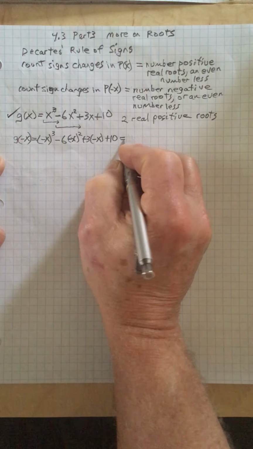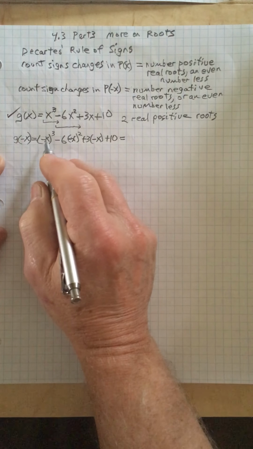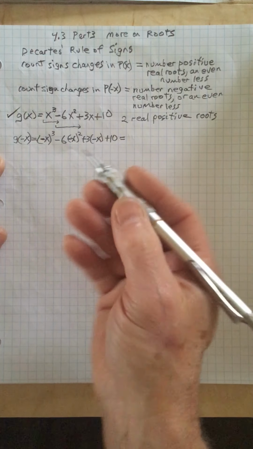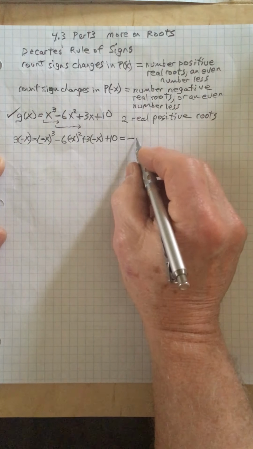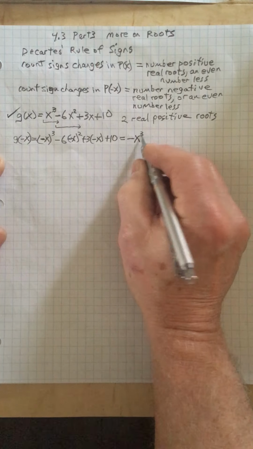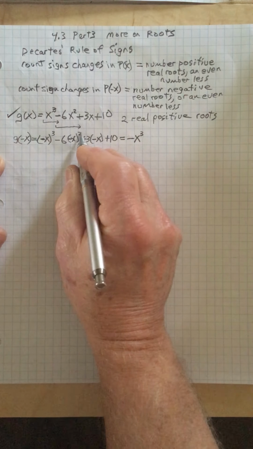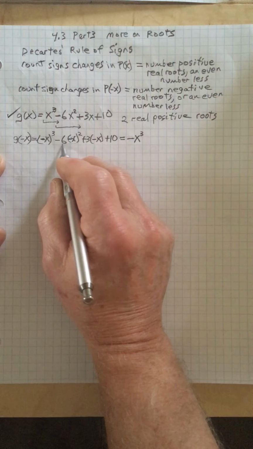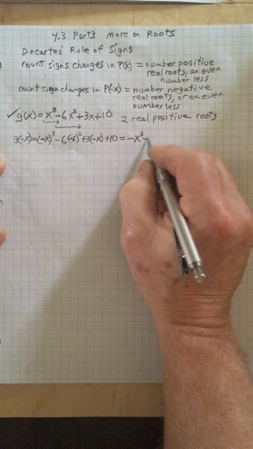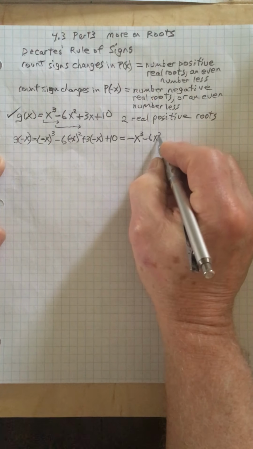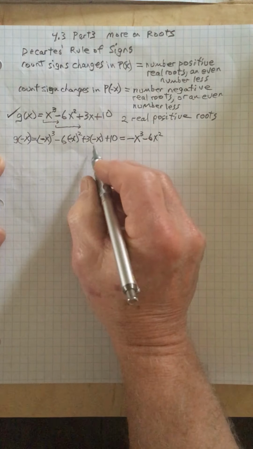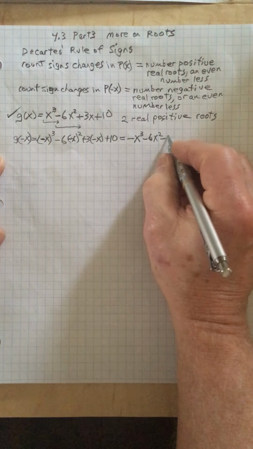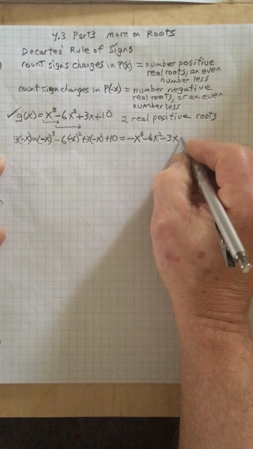And then let's figure out what that is. That's still x cubed, but a negative times a negative times a negative now is going to become a negative x cubed. And this will be positive x squared times a negative 6, so no change there. Over here, positive 3 times a negative, we have a change, and then plus 10.